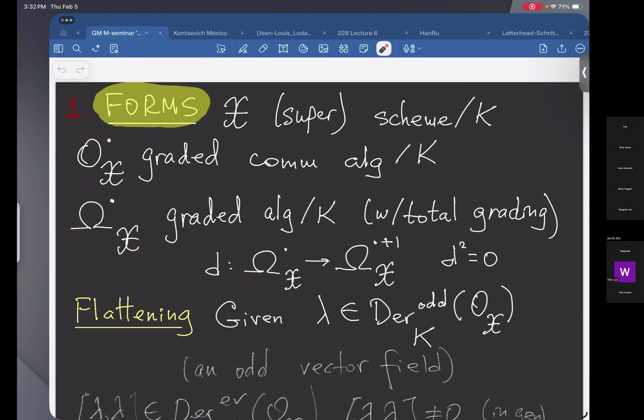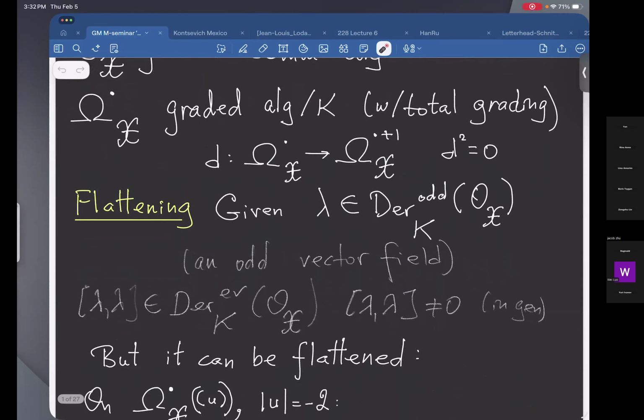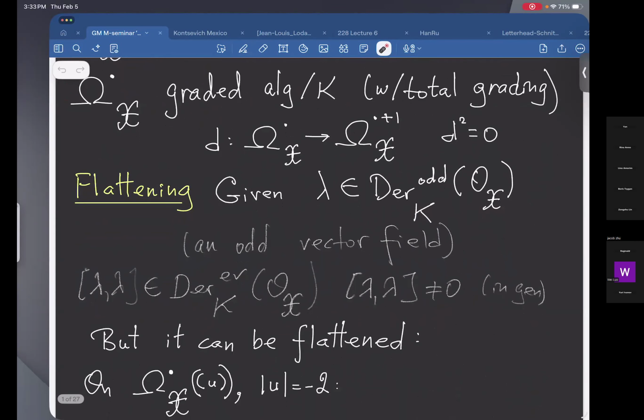Now, this is a natural construction. If you have a vector field, let's have an odd vector field, k-linear, it won't be flat, or its square won't be 0.